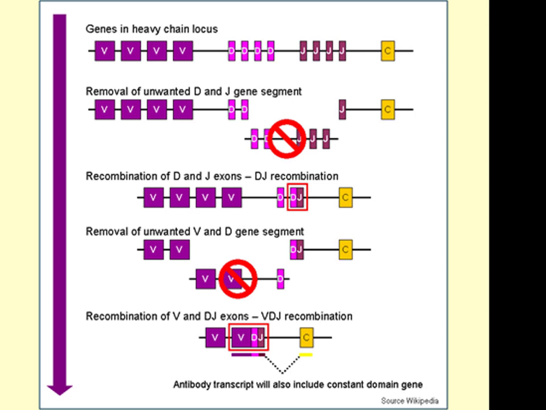This DJ recombination is then followed by joining a 1 V gene segment from the region upstream of the newly formed DJ complex, forming a rearranged VDJ gene segment. All other gene segments between V and D segment are then deleted from the genome. Now we have a heavy chain with a rearranged and unique VDJ recombination.